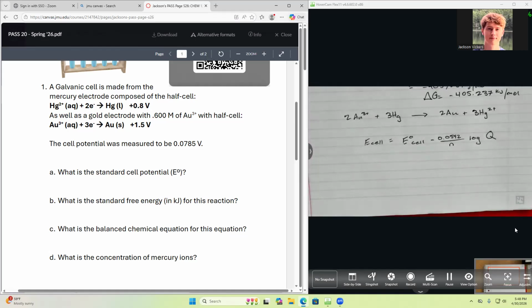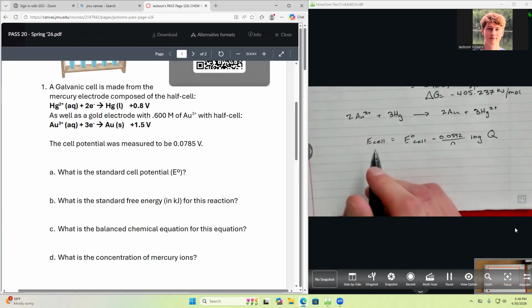What is that one called, where you have E cell equals E cell standard minus...? This formula here is for finding the non-standard cell potential. So if we had weird quantities, or I should say weird molarities, of our different ions, then we would be using this one, right? Because we're finding Q instead of K.